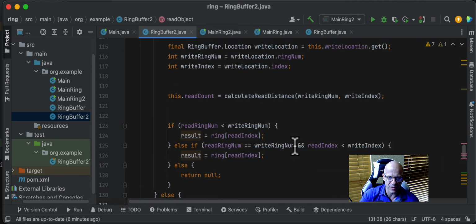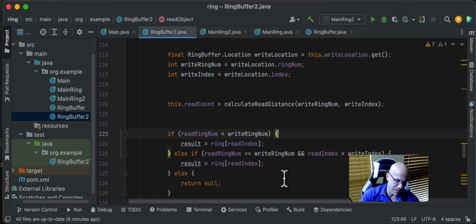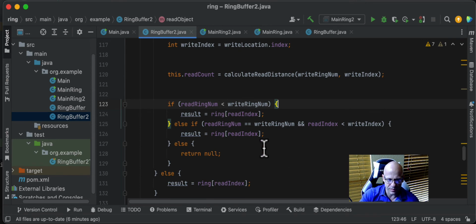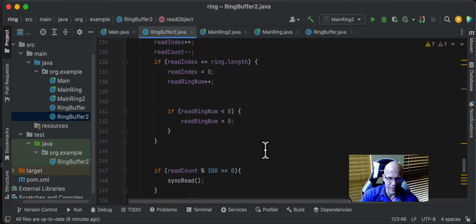Otherwise, we just read that location. And then this block is just like it was in the last video, so I recommend that you read that one. Okay, so that's basically the optimization. So we're not synchronizing as much. We're either synchronizing every 100 or based on the distance between the read and the write location. And that's what gives us that extra speed.